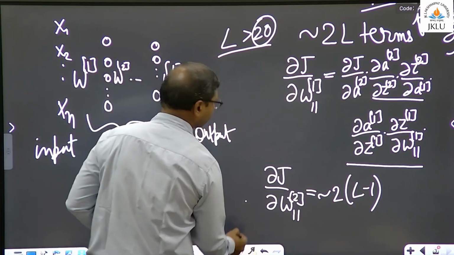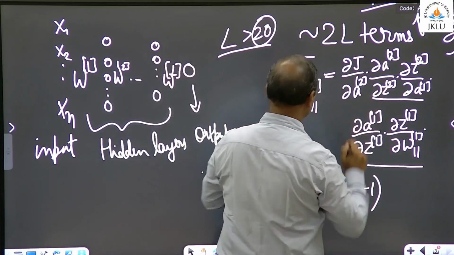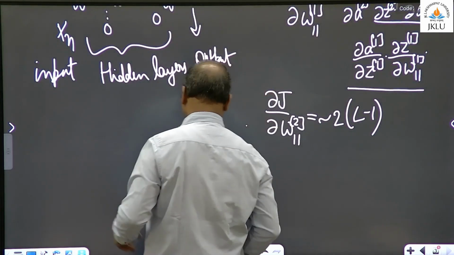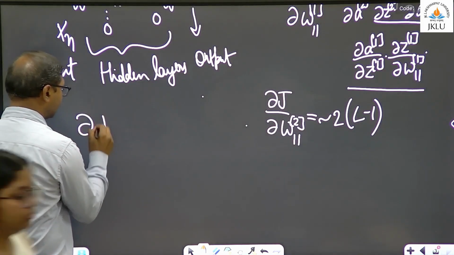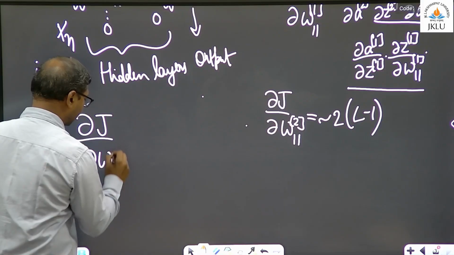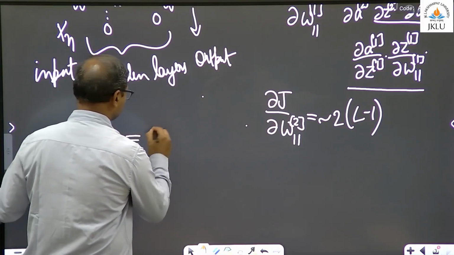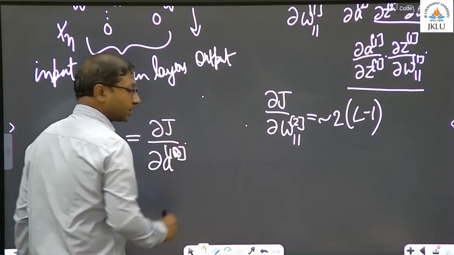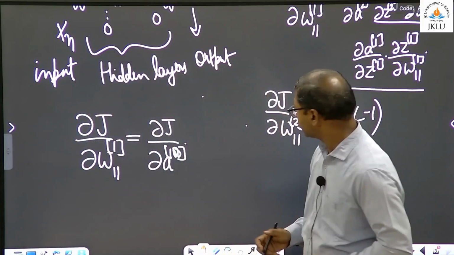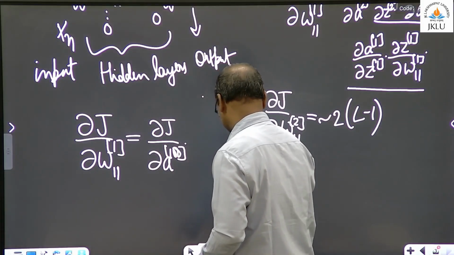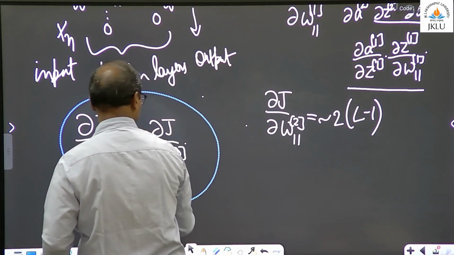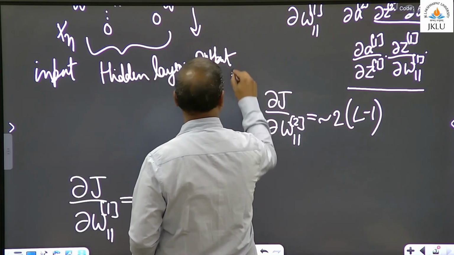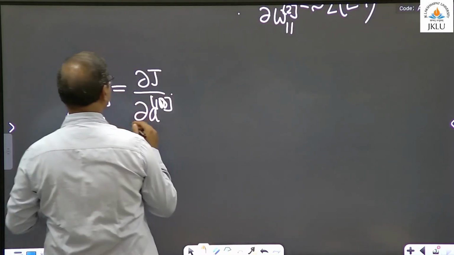Now, the issue that we had was this. So, let us say assume, I will take 100 layers. So, let us say you have del j by del W 1 1 1. So, I will have del j by del A100 because I am talking about 100 layers. What will be the term here now?